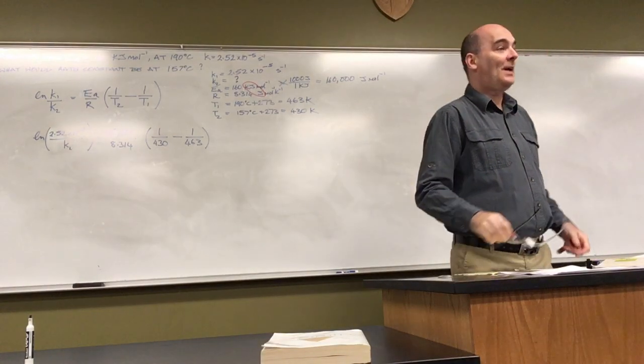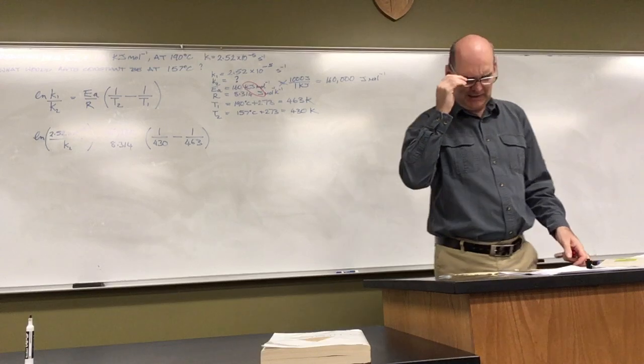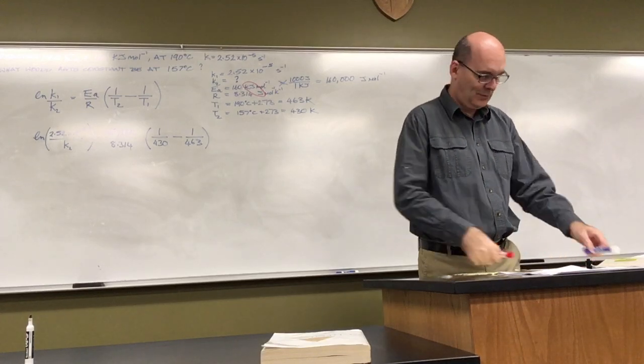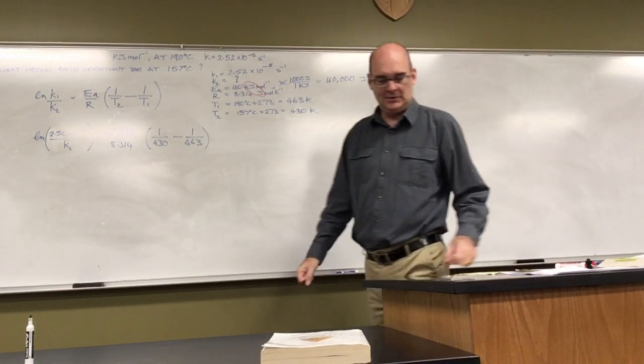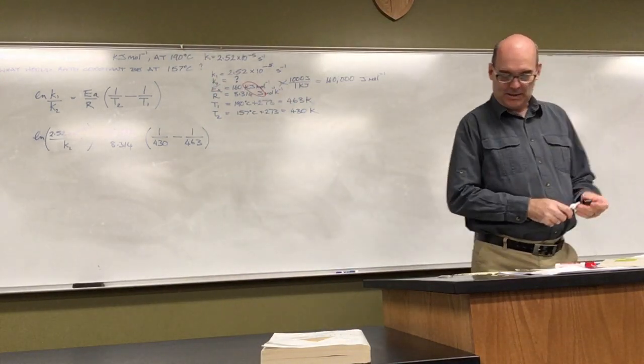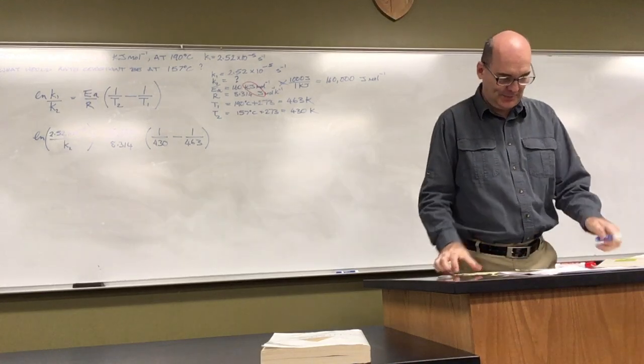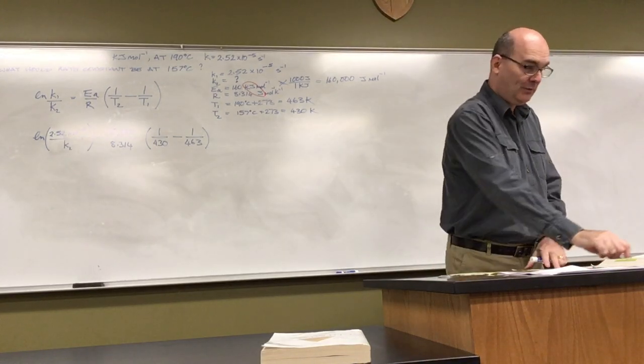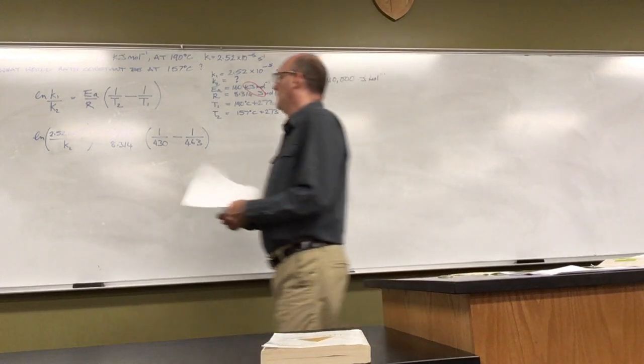Now you could probably just pump all those numbers into your big fancy calculators these days and come out with an answer. I do like to break it down step by step, so that when you read it back, it makes sense.